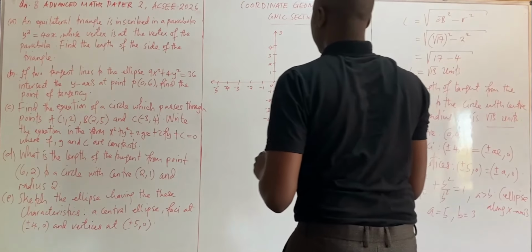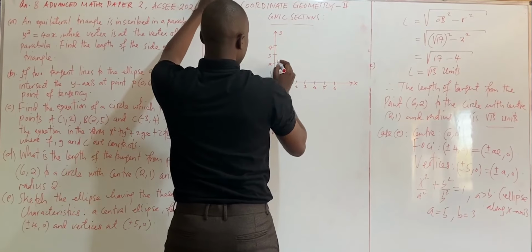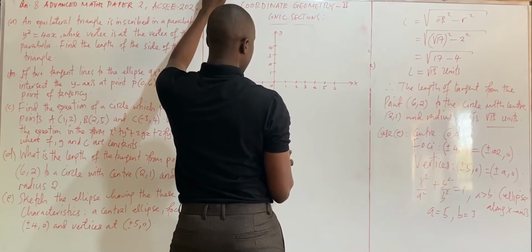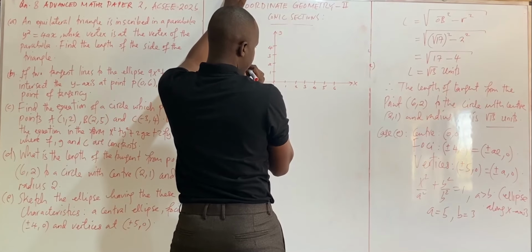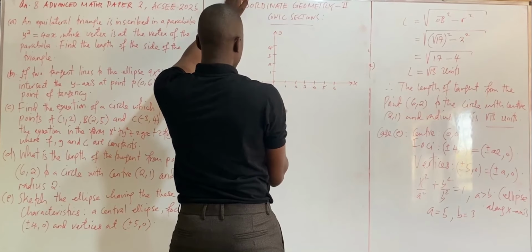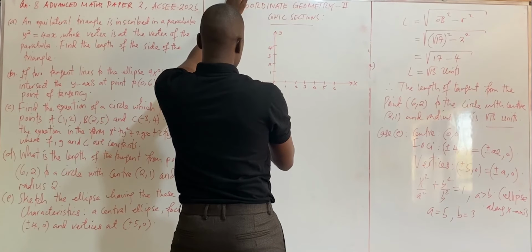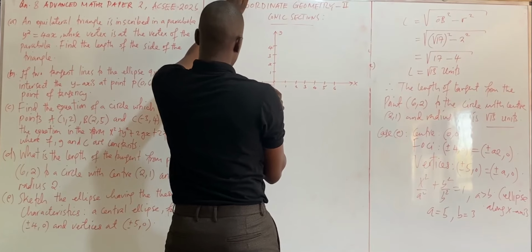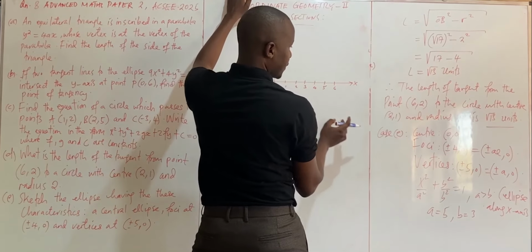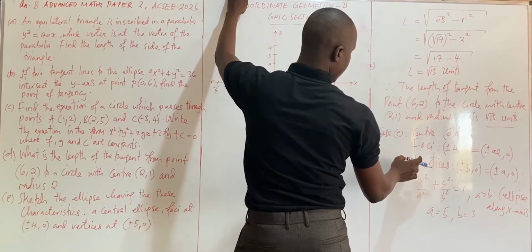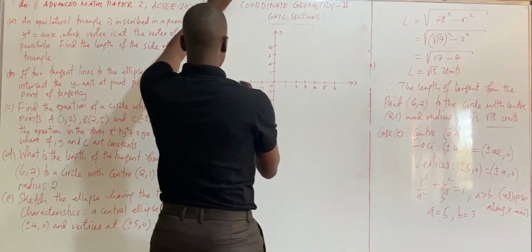Yes. So b represents the minor axis. Now a represents the one along the x-axis, the major axis. So now the foci and the vertices.